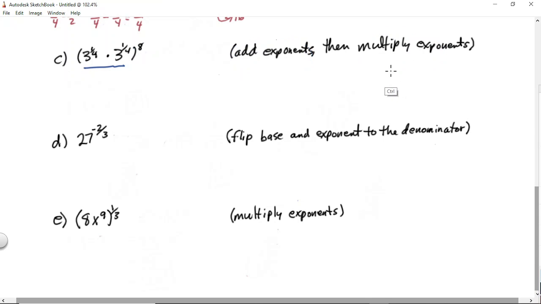So let's look at it. So we have three to a power, and to get that power, we'll do our exponent arithmetic down here. Add the exponents, 1/4 plus 1/4, that equals 1/2. Okay, so that is our exponent.